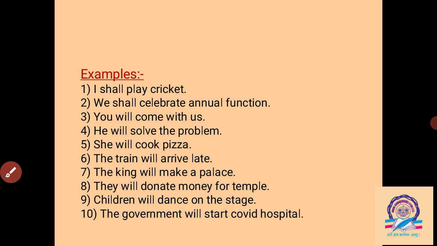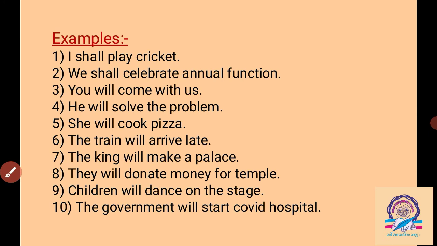Then we see examples given here. If I is there, then we have to use shall play here. I shall play cricket. Cricket is the object here. Then the last is the full stop. It is not necessary to write other words, but if we want to make our sentence longer, we can use more words in our sentence here.